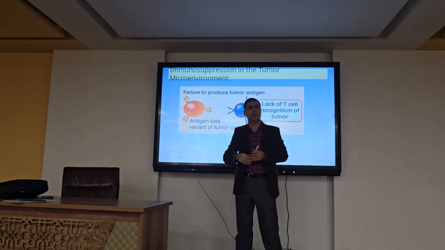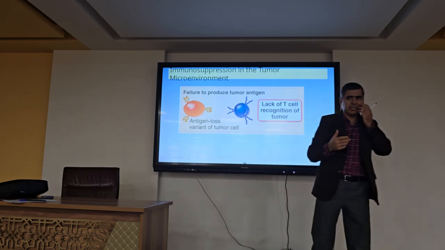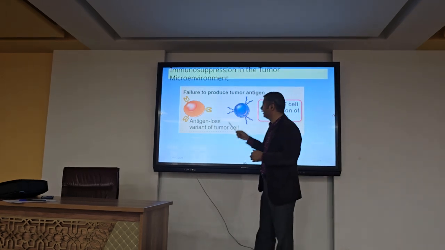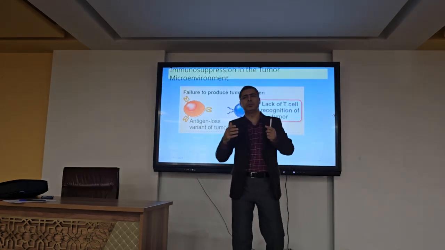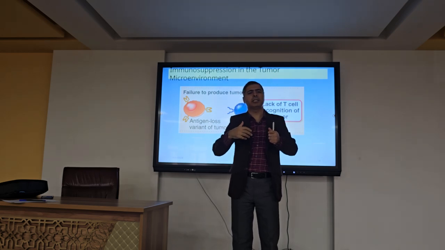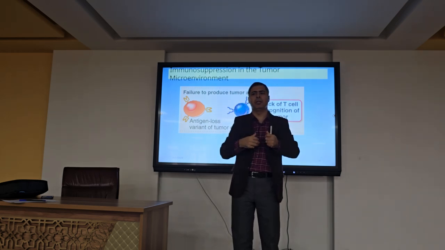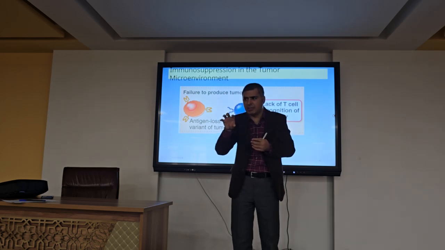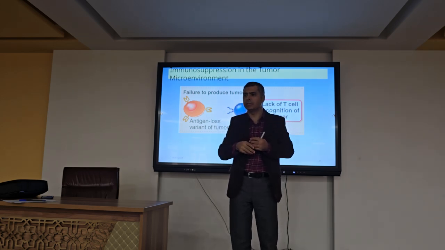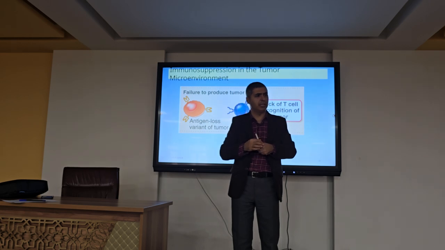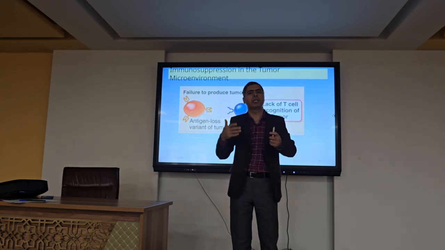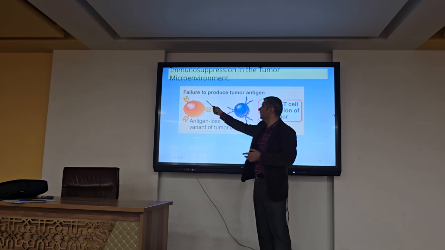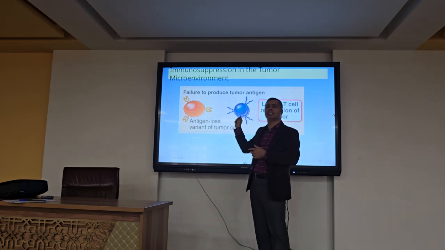Another mechanism, no, this one is new. The immune system has tried to induce an immune response against the tumor. I mean, we have the activation of anti-tumor clones, CD8 positive clones against the tumor. But over time the tumor does not express the antigen that the T cell is specific for.